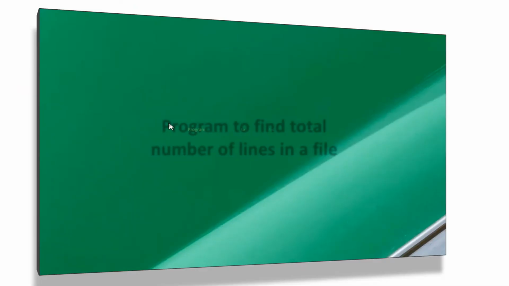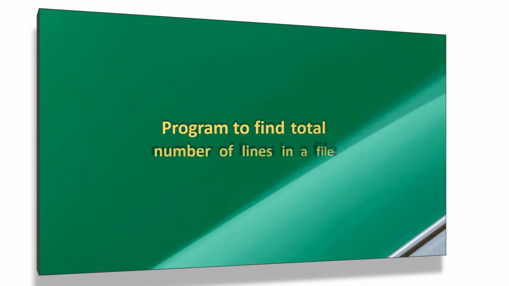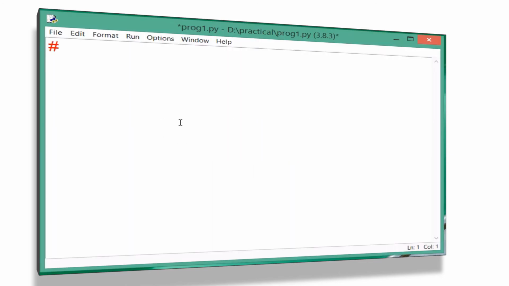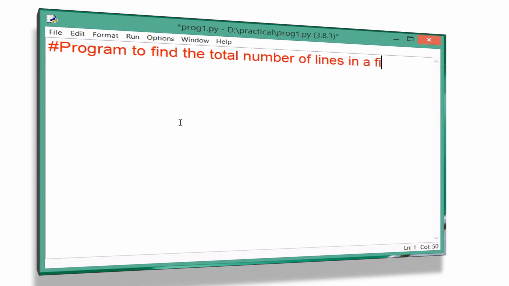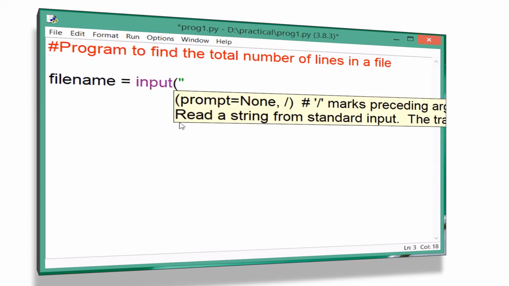Here I will create an interactive program in Python to find the total number of lines in a file. I am declaring one object, file name, equal to input, enter file name.